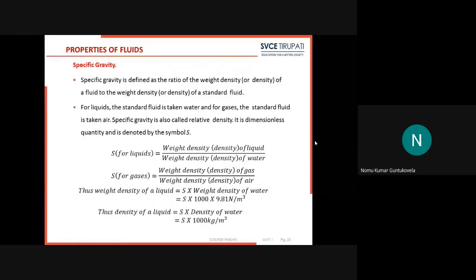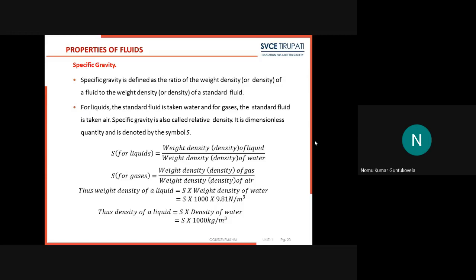Why? Because the basic formula for specific gravity is the ratio of weight density of the given liquid to the weight density of the standard liquid. We have weight density in both the numerator and denominator. When both get cancelled, it automatically becomes a unit quantity.